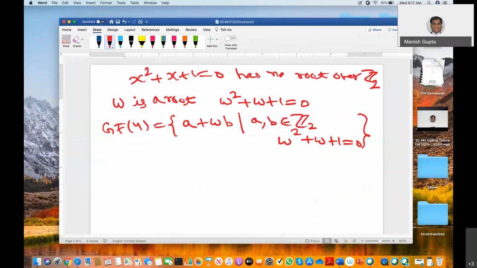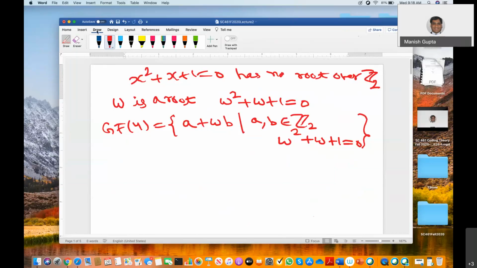Any question at this point? Are you able to get it? Yes. So there we have a plus ib, where i square plus 1 is equal to 0. Here we have a plus omega b, where a and b are in Z2 and omega square plus omega plus 1 is equal to 0. Exact analogy from real to complex. We are doing it here in a similar manner.